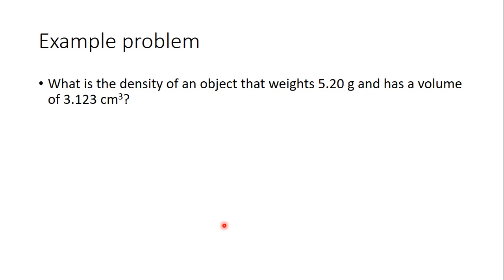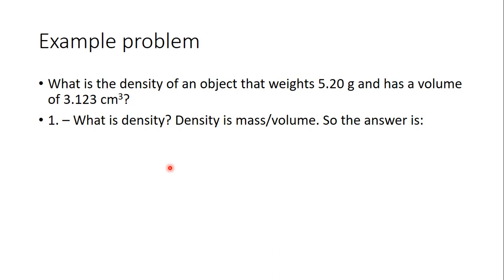Now let's try to do an example problem. What is the density of an object that weighs 5.20 grams and has a volume of 3.123 cubic centimeters? Take a second, pause, come back when you have an answer. All right, so to solve this, first you have to ask yourself, what is density?